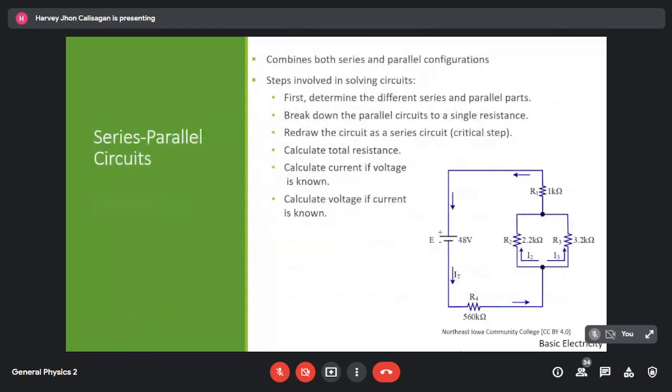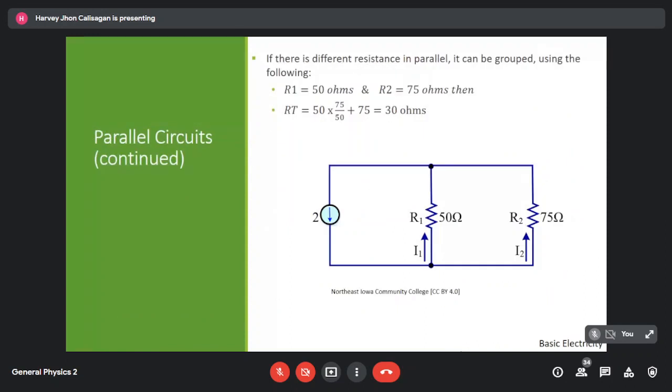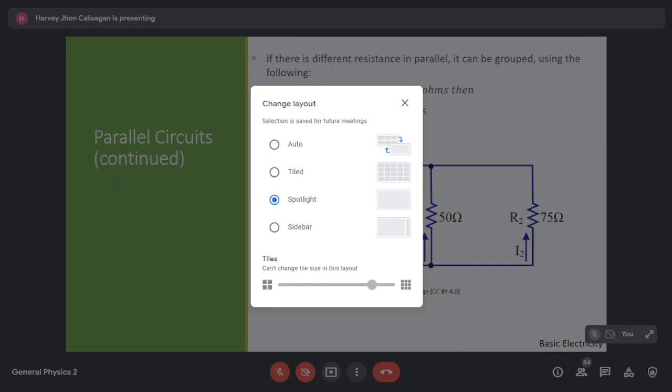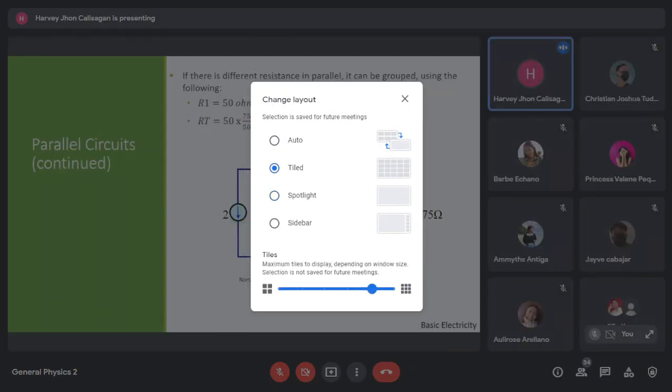Okay, let's try to go back to this problem. So let's try to see if we can get this 30 ohms, okay, based on the calculation.